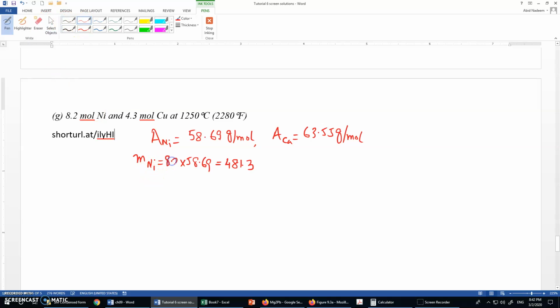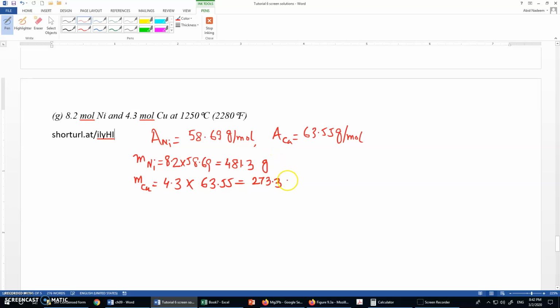And the mass of copper will be equal to 4.3 times 63.55, so it will be equal to 273.3.